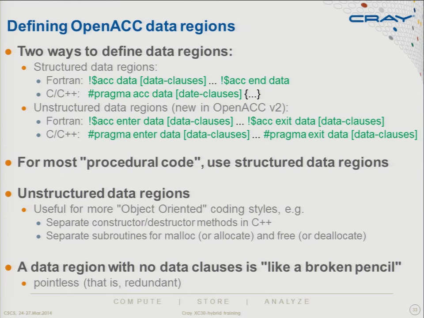A data region only does what you tell it to do. If you say parallel loop for a loop nest, the compiler will do some automatic analysis for you to work out the data movements. And you can then change them if you want.